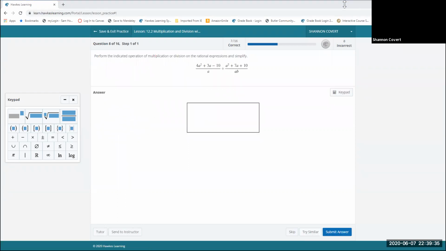This is going to be my last example. (4a² + 3a − 10)/a divided by (a² + 7a + 10)/(ab). I'm going to have to factor that numerator. 4 times negative 10, 2 factors of negative 40 that when I add them together, I get 3.